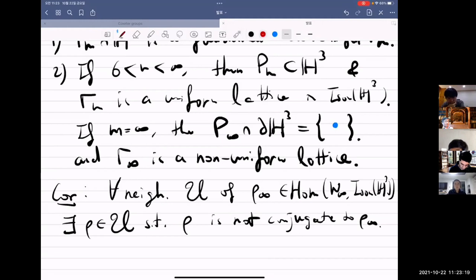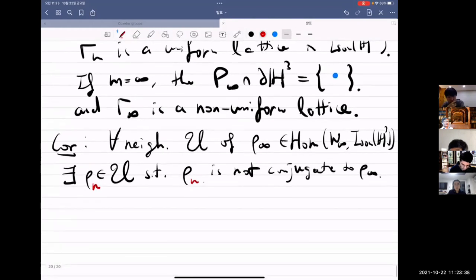Of course, for example, if I choose rho_M, it is not conjugate to rho_infinity. So here this rho_M is basically the interesting examples we need to find.